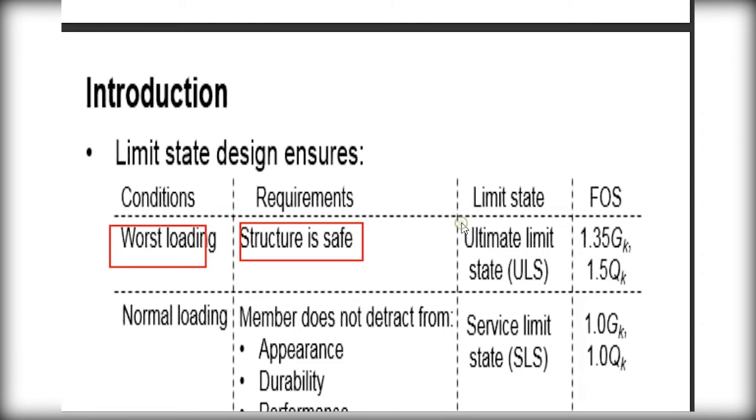For the ultimate limit state, ULS, in Eurocode, for the dead load it is 1.35 GK, while for the live load or variable action it is 1.5 QK, and this is as per the Eurocode.